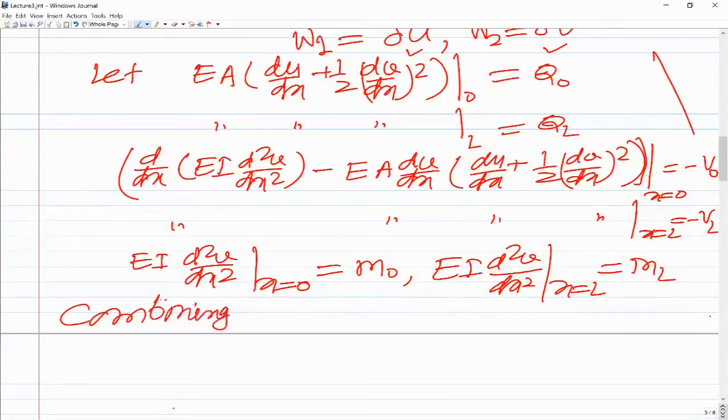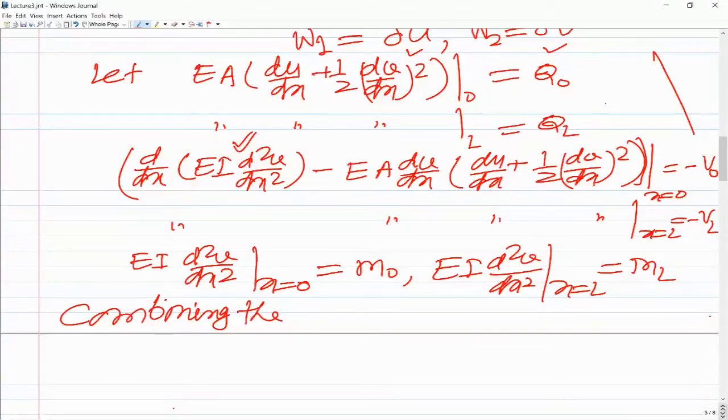How can we physically interpret the V naught, the whole expression corresponding to shear force? Yeah, so this is for a large deformation problem. See, for the small deformation where dv by dx is small, you have only this term. But for the large deformation, what happens is, because the slope is finite, dv by dx is finite.